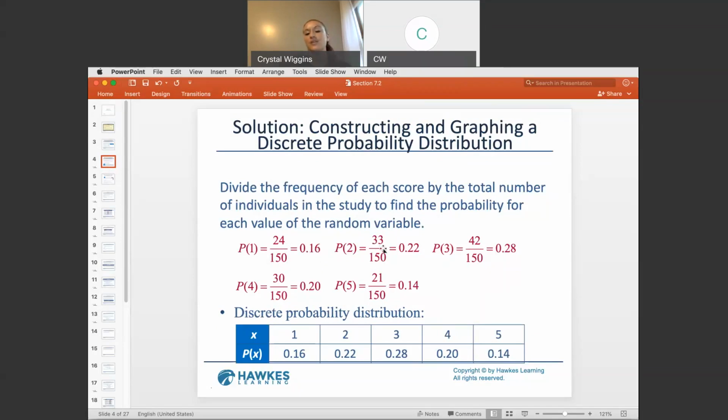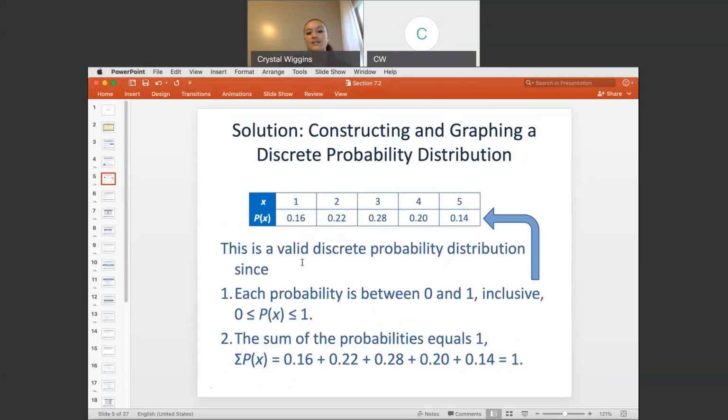We do the same for each one of these outcomes, and we receive a probability. Now, again, in order to ensure this is a discrete probability distribution, we add these numbers in the probability row to see that it adds to 1. And we also check to make sure each individual probability is between 0 and 1.